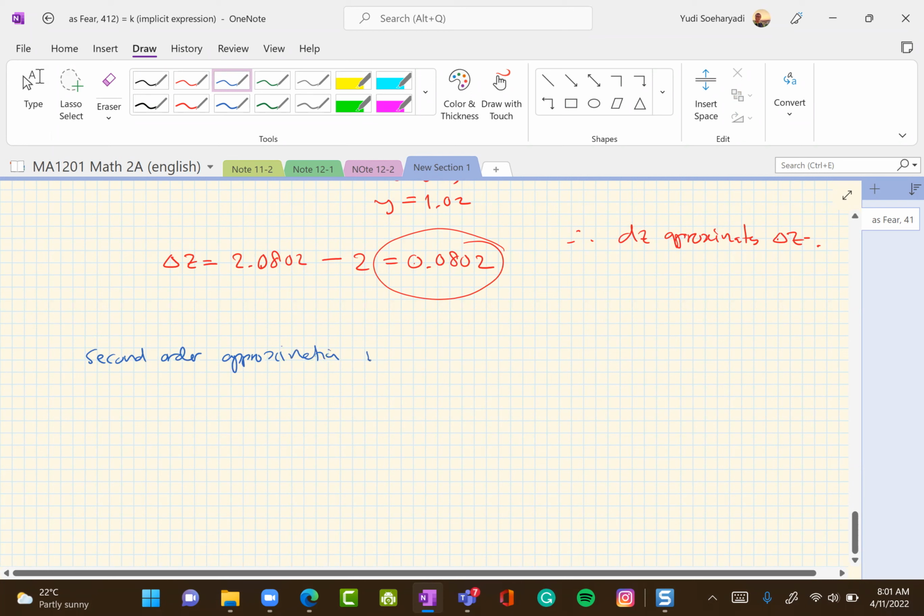Okay. So recall Taylor or Maclaurin for one variable functions.